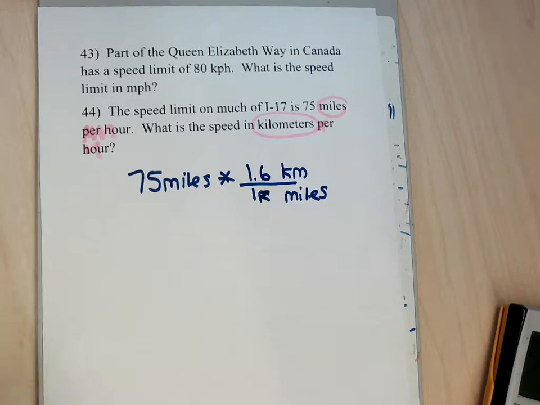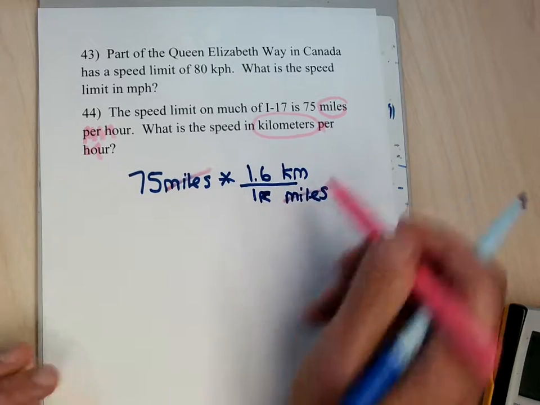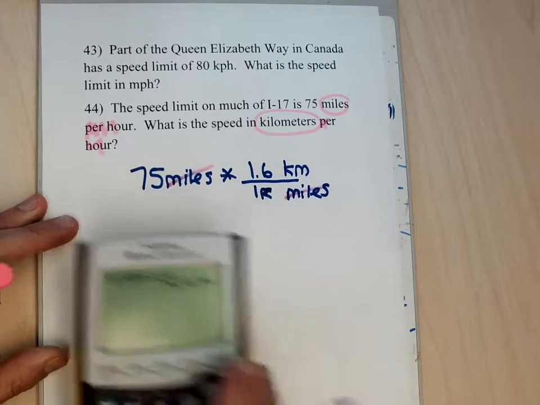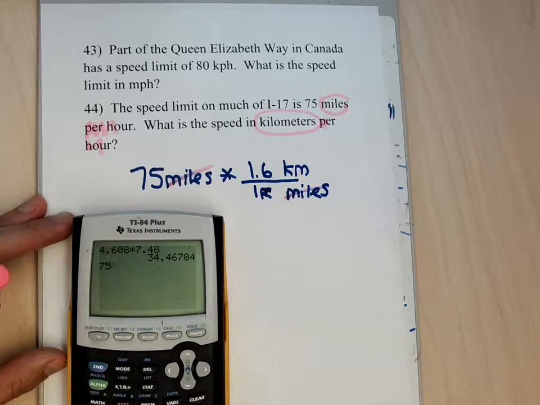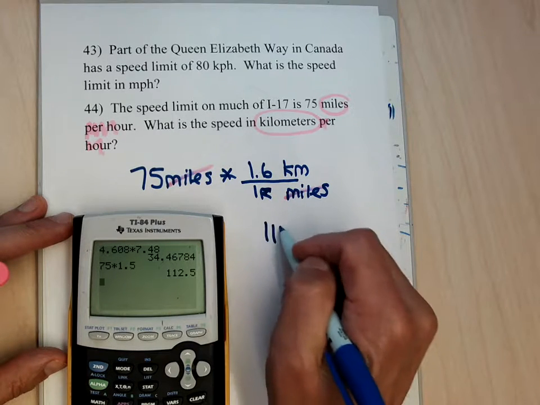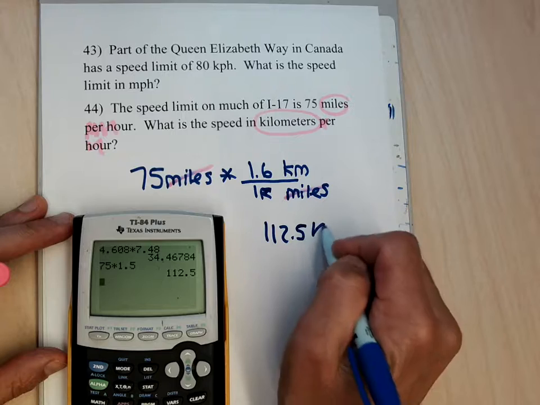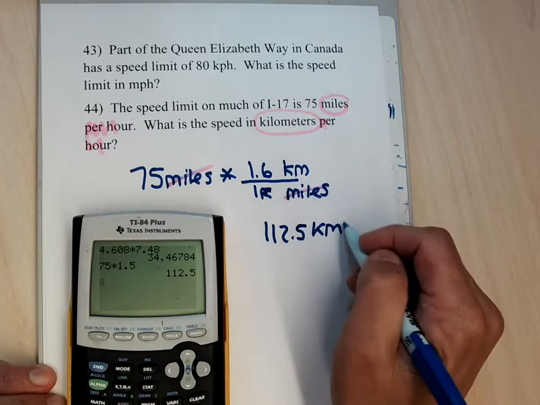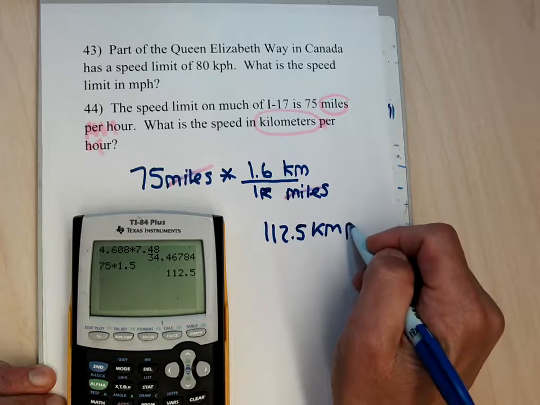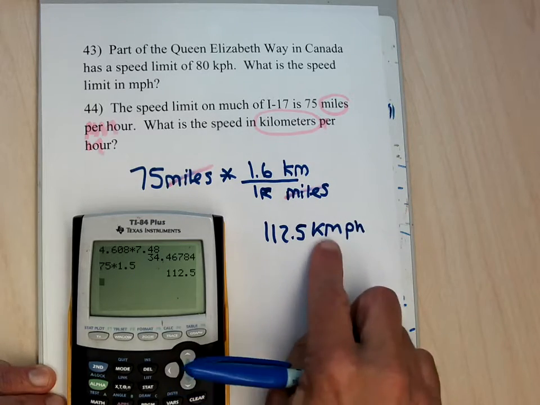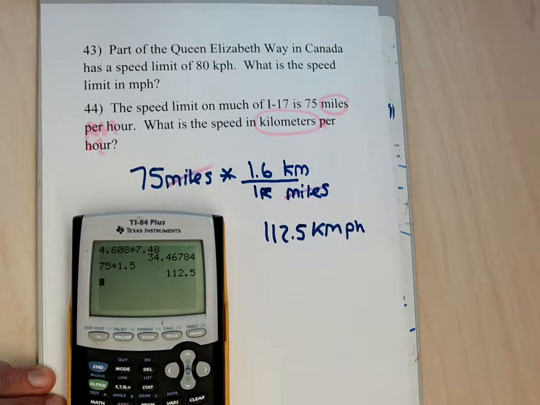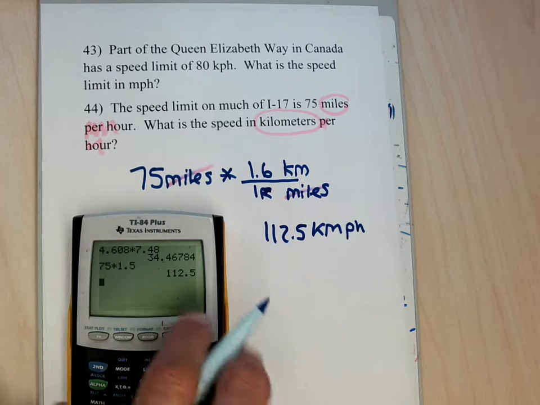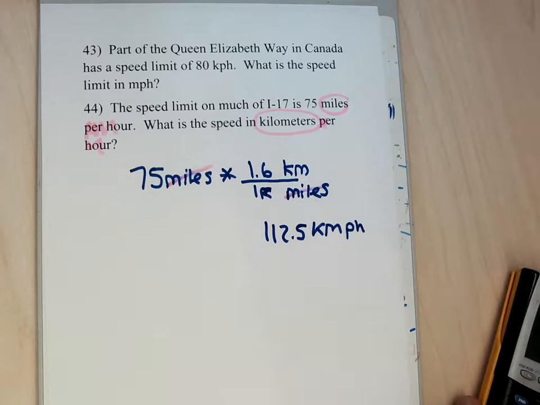And so if we were in Canada, where the speed limit's in kilometers per hour, instead of 75, you'd see 112.5, and I'm sure they'd round it, kilometers per hour. So what's the speed in kilometers per hour? It's 112.5, and I'm going to say kmph, km for kilometers, and then per hour. So my answer for 44 is going to be 112.5 kilometers per hour.